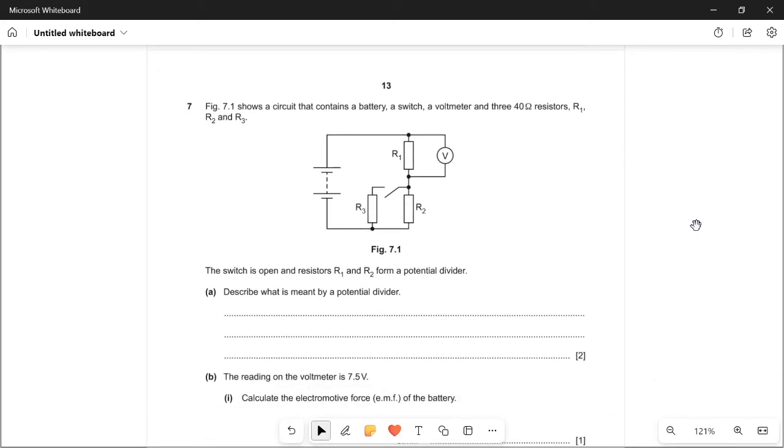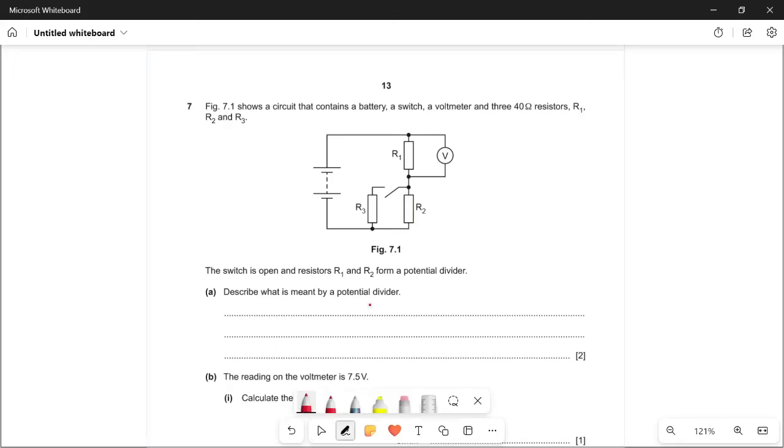Number 7. Figure 7.1 shows a circuit that contains a battery, a switch, a voltmeter, and three 40 ohm resistors, R1, R2, and R3. The switch is open and resistors R1 and R2 form a potential divider. Describe what is meant by a potential divider.